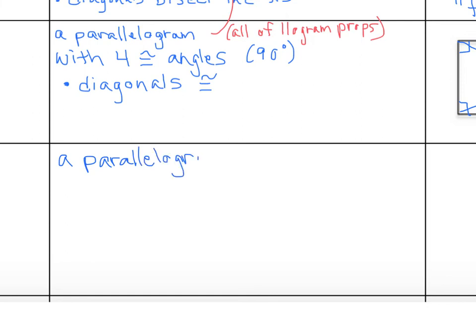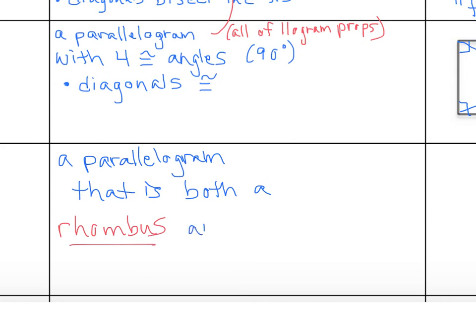I'm not going to draw another arrow because I think it'll get really messy here, but a parallelogram has all the properties of that first box, but this is both a rhombus and a rectangle. It's kind of like if a rhombus and a rectangle got together and had a kid genetically, then that's what a square would be.